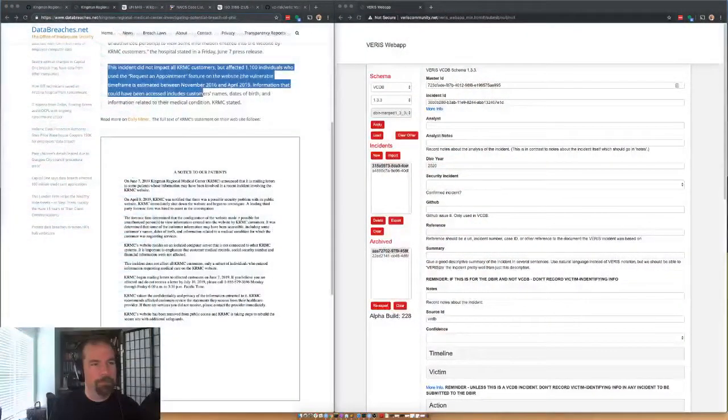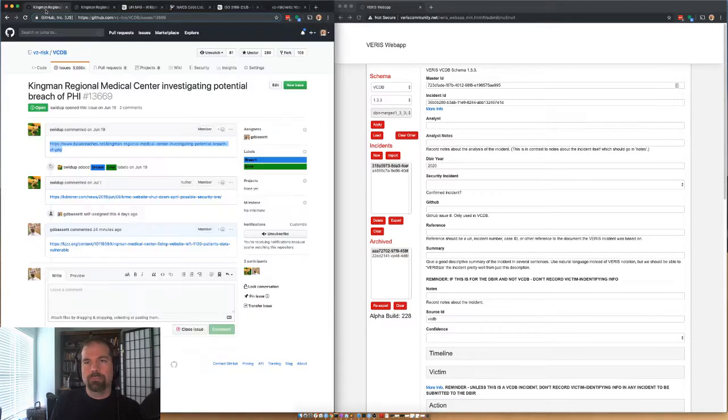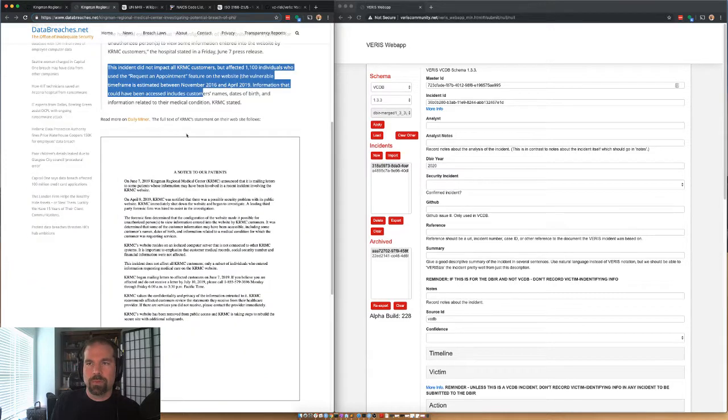Let's see. Here's our record of the breach, and then here is the notice for the breach. Websites were removed from public access and taken down. Only a subset of individuals. I'm not sure.